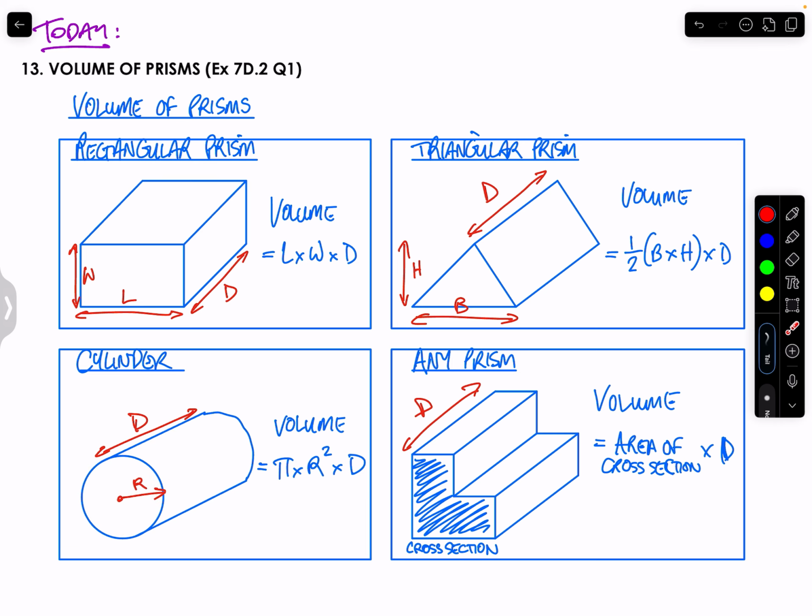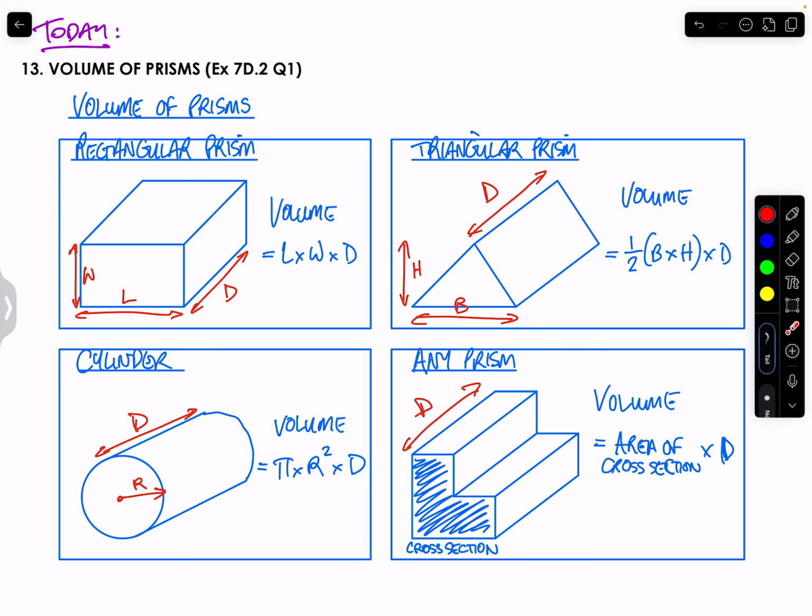And lastly, a prism is anything that has the same cross-section all the way through. So you can have a prism with any type of shape on the end. Here you've got an L shape. The cross-section is that L shape, and I could cut it into slices of the same L shape all the way through from front to back.